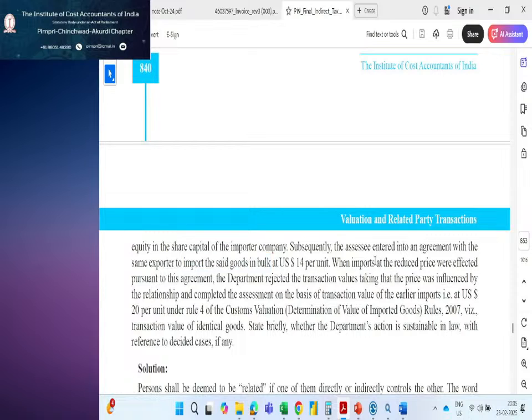When imports at the reduced price were effected pursuant to this agreement, the department rejected the transaction values, taking that the price was influenced by the relationship, and completed the assessment on the basis of transaction value, that is US dollar 20 per unit.